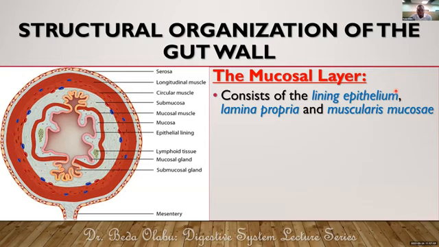For example, if we are looking at the esophagus, remember from your previous lectures on organization of epithelium, the esophagus consists of stratified squamous non-keratinized epithelium. How about the oral cavity? It consists of either stratified squamous non-keratinized epithelium or stratified squamous para-keratinized epithelium, what we call masticatory epithelium.